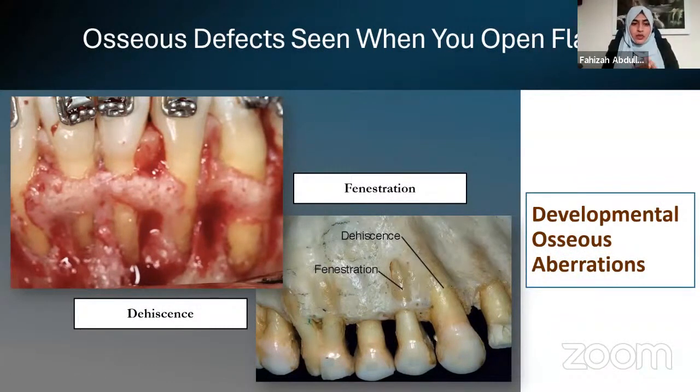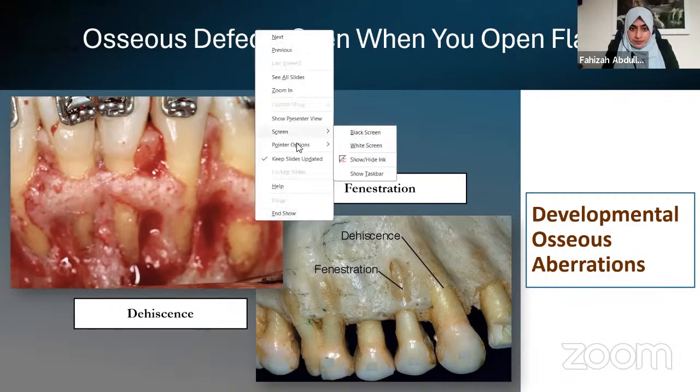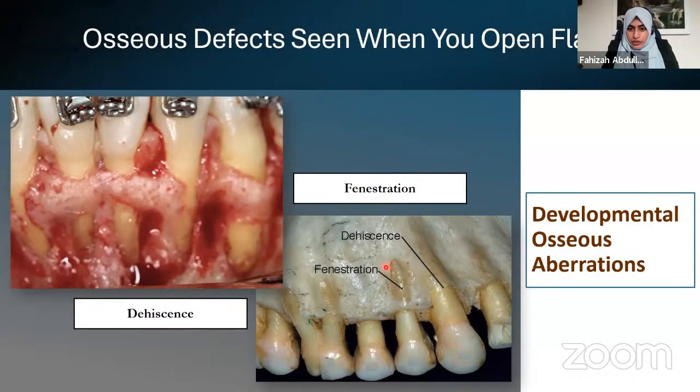So we have another developmental defect, which is fenestration and dehiscence. Fenestration is an isolated area of an osseous defect where the marginal bone is intact. If you see over here, this portion where the marginal bone is intact becomes your fenestration.